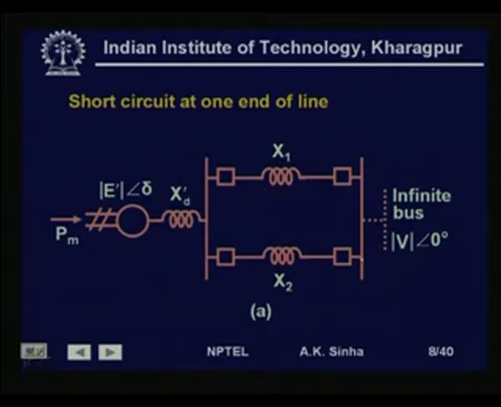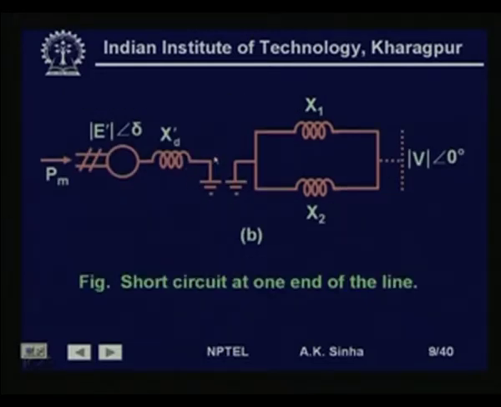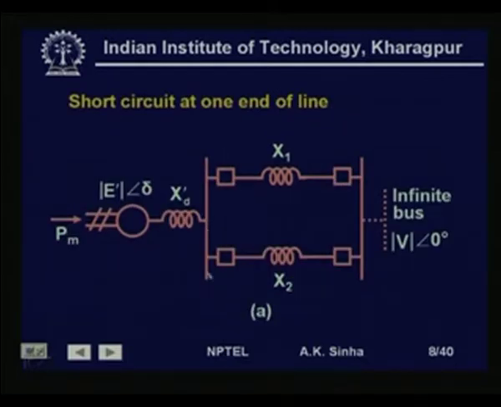transfer. Same case, if the fault occurs very near to this bus at this end of the line, then also the voltage of this bus becomes 0 and there will be no power transfer under such a situation. So, on any one line, if the fault occurs just near the bus, then the voltage of this bus is 0.